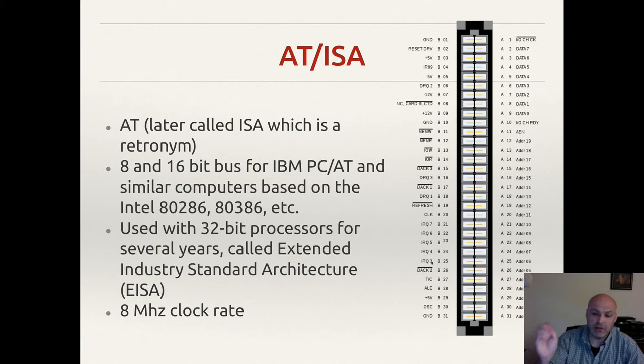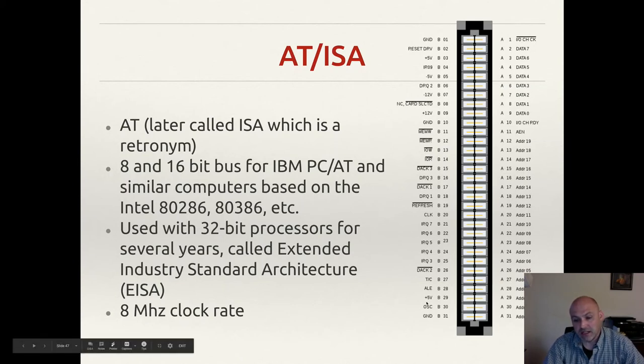The way this would work is each card would go on the slot, and then, as I mentioned when we were talking about the IRQ, you would go into the BIOS of the computer, and it would notice that there were cards registered, and you would associate the modem, say, with a particular IRQ number, like 3, and then you would associate the network card with IRQ 4. So that's how you would assign these things. You can see that there are also bus lines for power here, like a 5-volt and ground. This is pretty rudimentary, but it definitely got the job done.